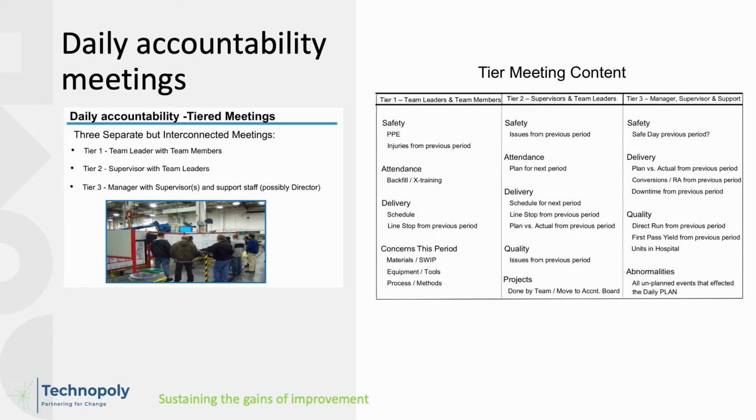These daily accountability meetings can come in the form of three tiers or three levels. The first will be at the level of the operators and the team leader who are responsible for the task or the operations down in our line. A second tier of daily accountability will be with the supervisors and the team leaders, and their focus is to talk about what we can do next time.